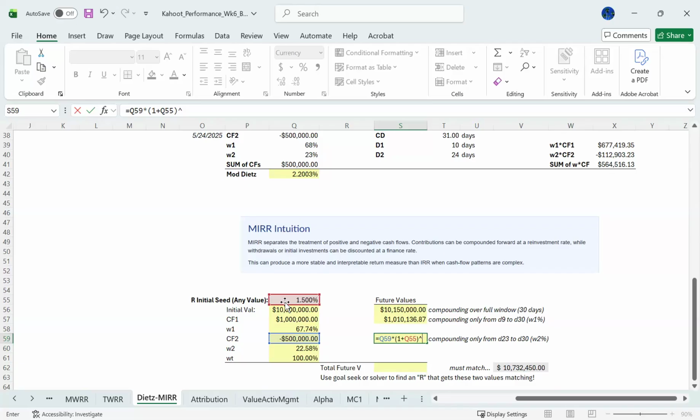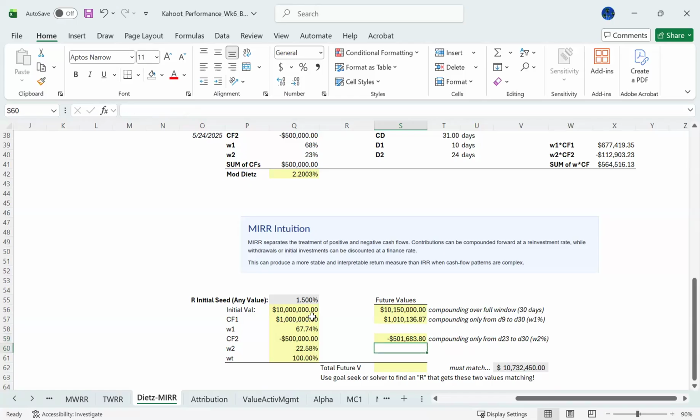So I raise it to the power of 0.2258 instead of to the power of 1 or 0.6774. So we compound this periodic rate by only 22% of that period. And there we go. So it grows, but it's not that much.